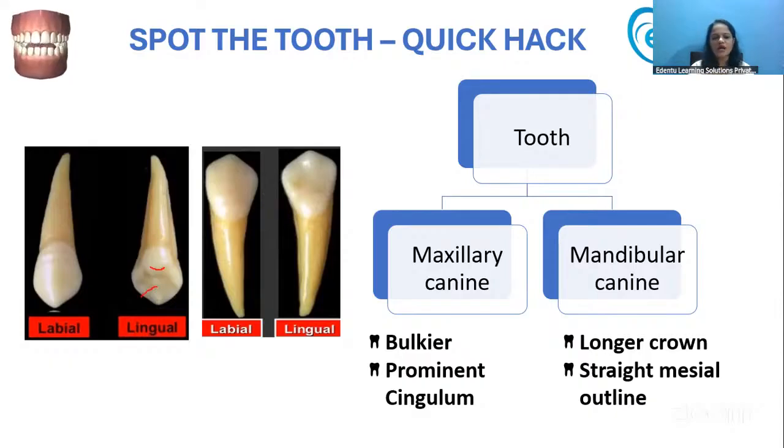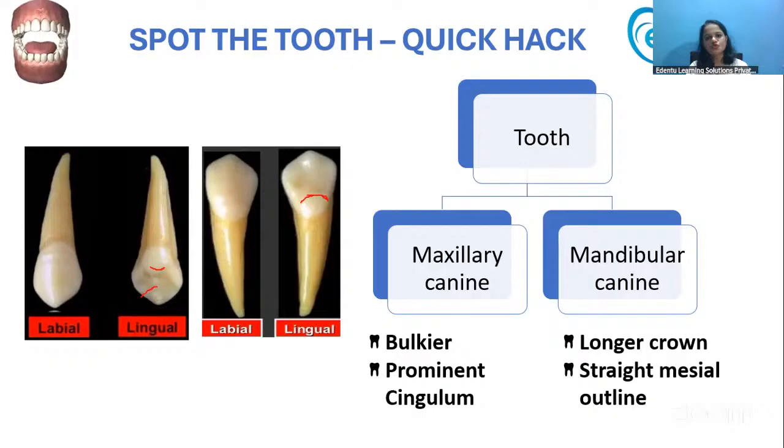If the lingual fossa is much similar to that of the mandibular incisors, with a very less prominent cingulum and a less prominent fossa, then it is the mandibular canine. That is the major difference between the maxillary canine and the mandibular canine.